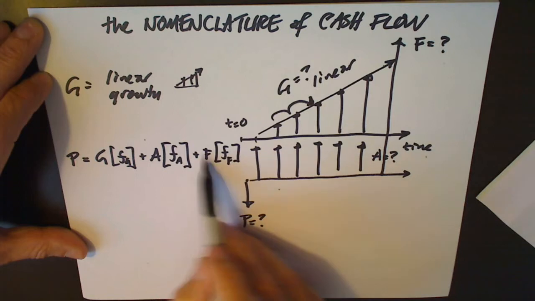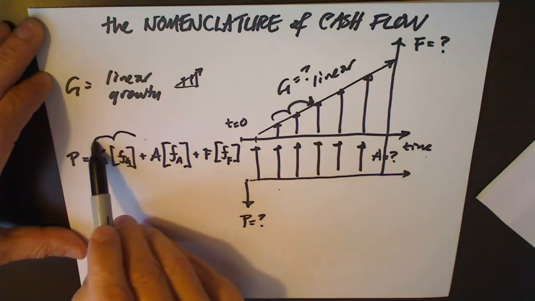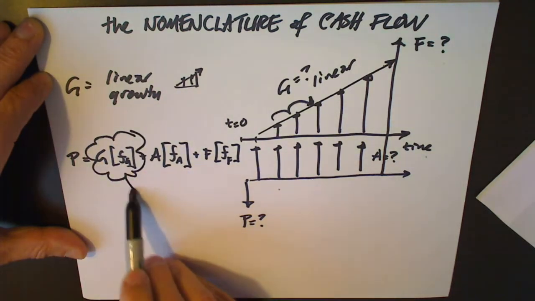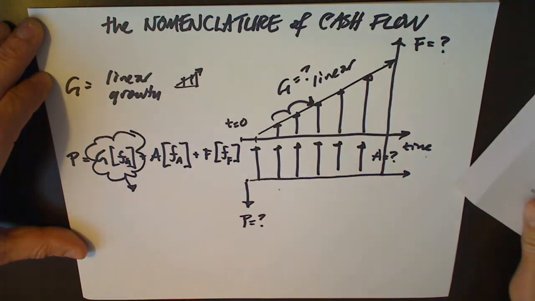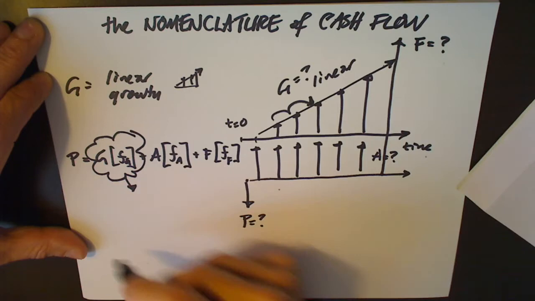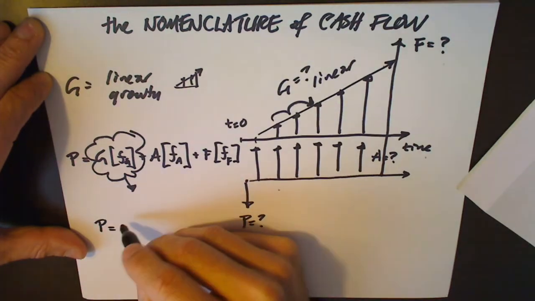We handled F and A in previous videos, so we're going to look more closely at this linear increasing cash flow diagram. And as you might expect, there's an equation that goes with that.